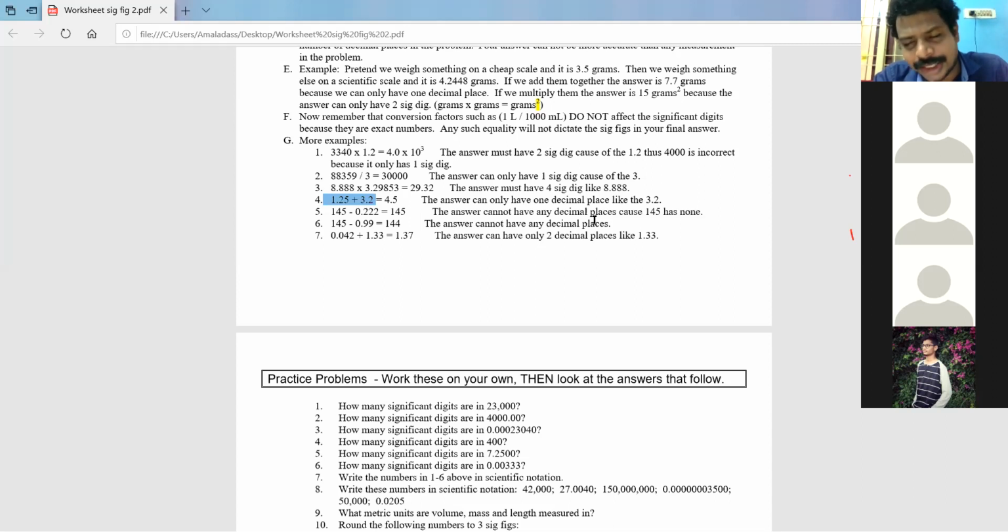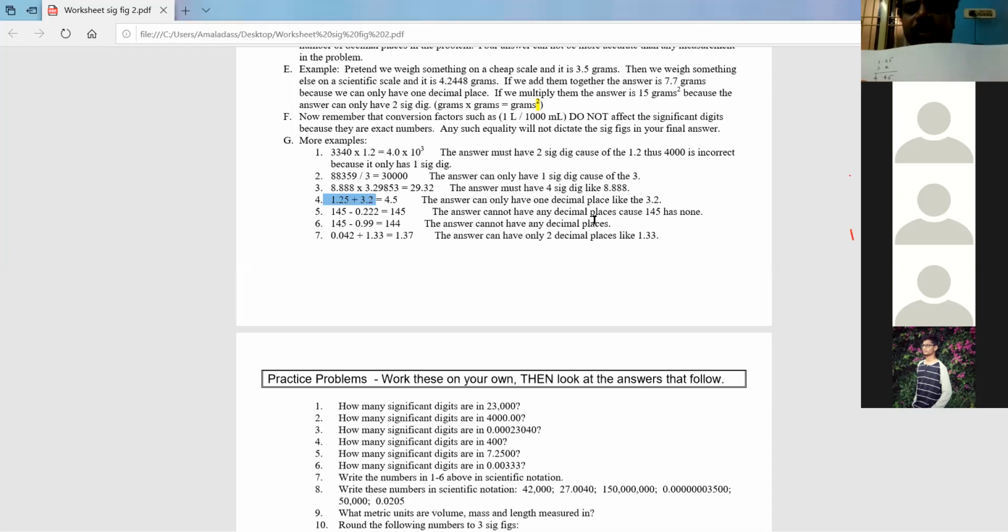3.2 has the least decimal places, so the answer must be represented to the least decimal place. Now you have 4.45, but you look at this, the next number is 5.